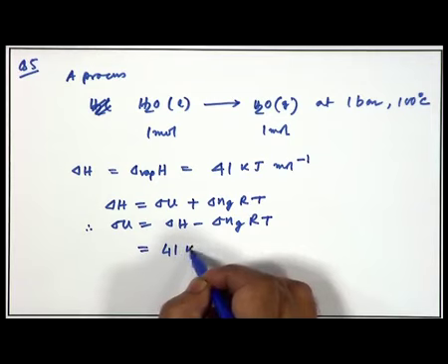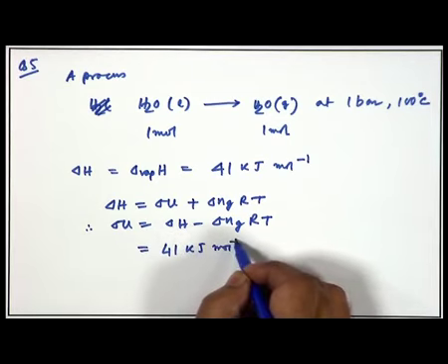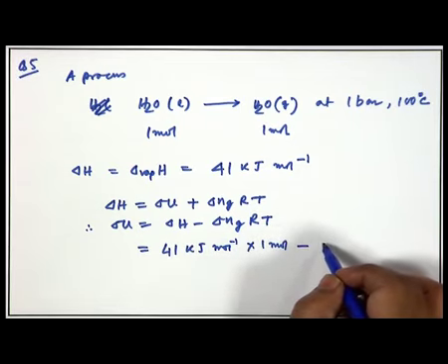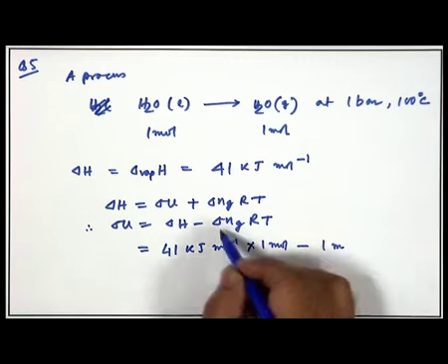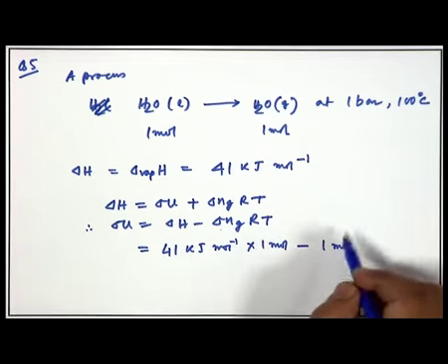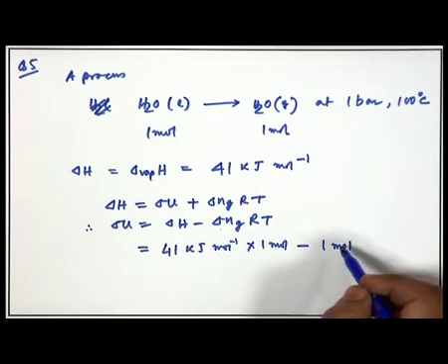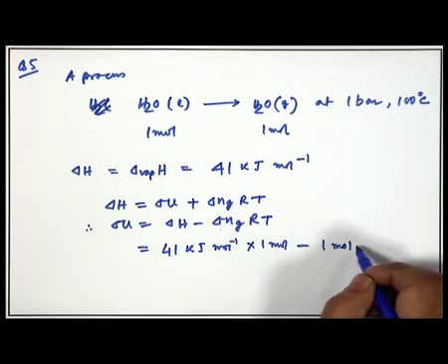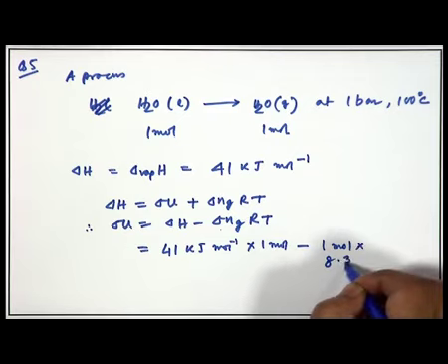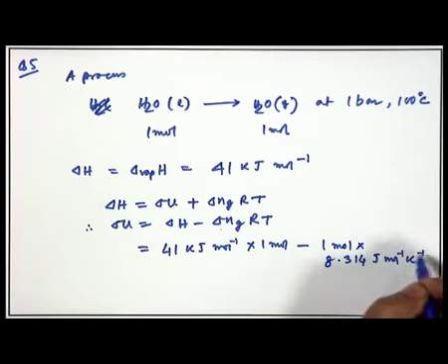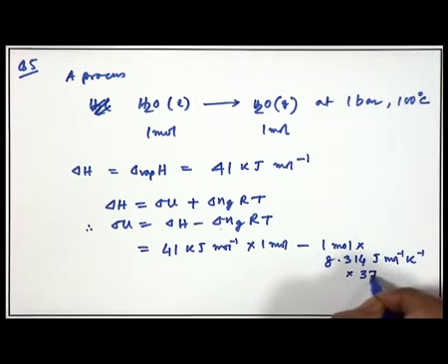So, this value, 41 kJ per mole, is molar, into 1 mole of substance, minus delta n_g, which is a change of 1 mole, ignoring the volume of liquid. So, basically 1 mole of gas is produced, into the R value 8.314 joule per mole per Kelvin, into 373 K, since we are considering 100 degree centigrade as 373 K.